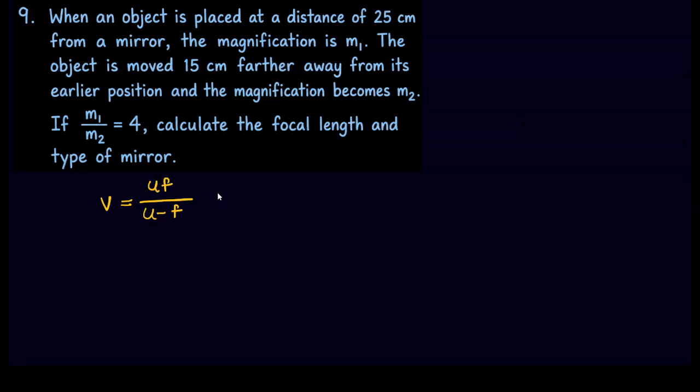If we write uf by u minus f, and the u value is equal to minus 25, the f value we don't know. This is minus 25 f by minus 25 minus f. Minus common cancels, so 25f by 25 plus f, isn't it? Let us call this v1.